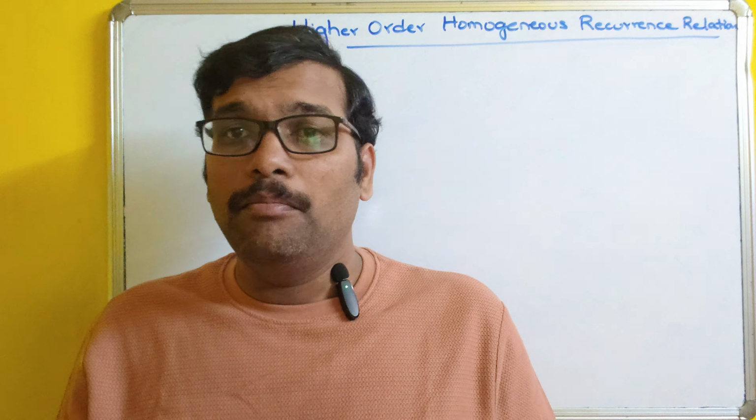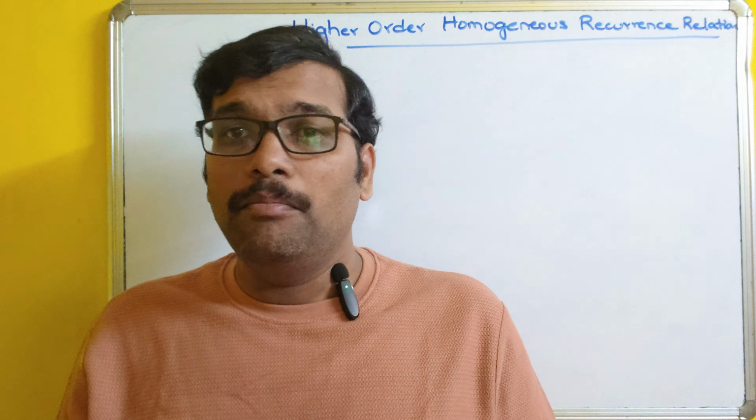So let us take this example: a_n minus 6a_(n-1) plus 12a_(n-2) minus 8a_(n-3). First we need to find the order. In order to find the order, what is the formula? Highest subscript minus lowest subscript.